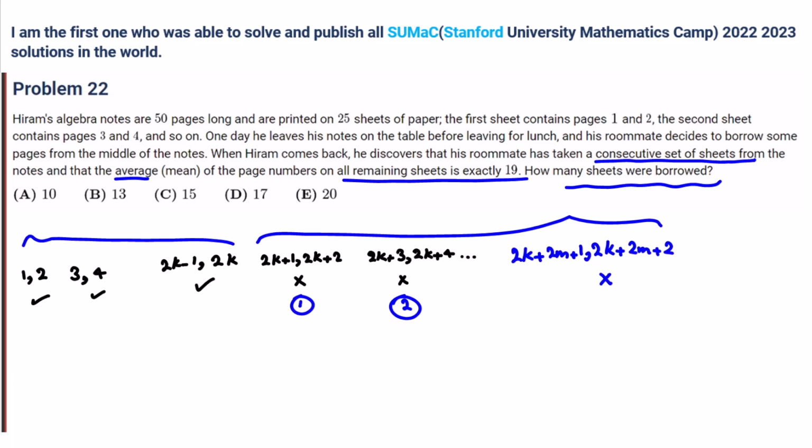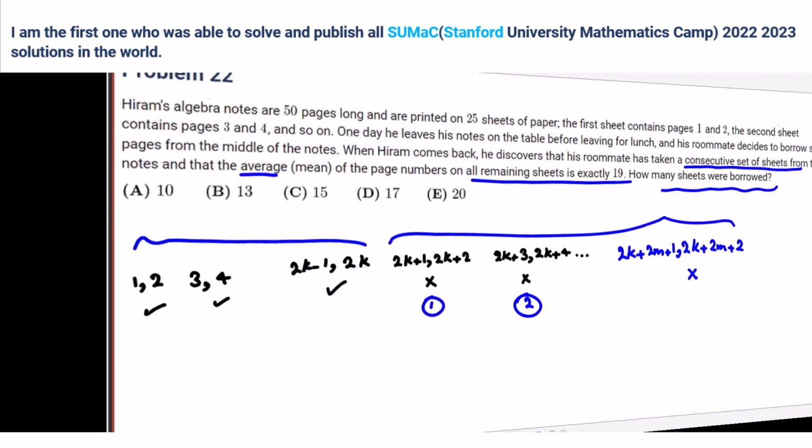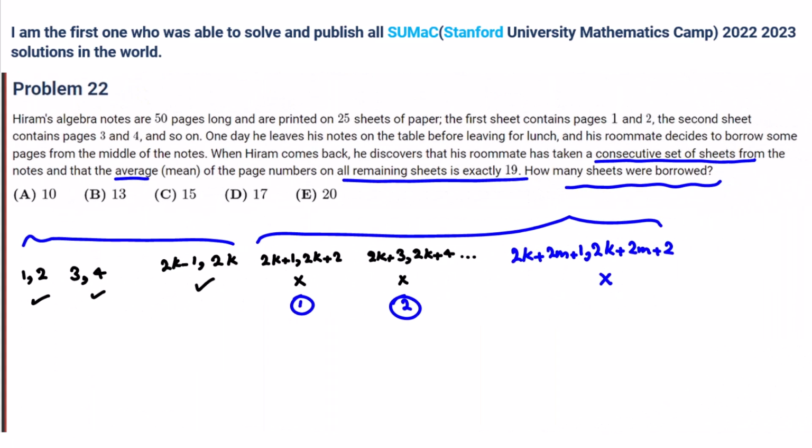In terms of m and k, you can say. Wait, but I don't have a k. I just have m plus 1. How many pages do we have here? First page, second page, and this page is what? Which page? I said we have like m. Oh, you said it is m sheet plus 1, right?